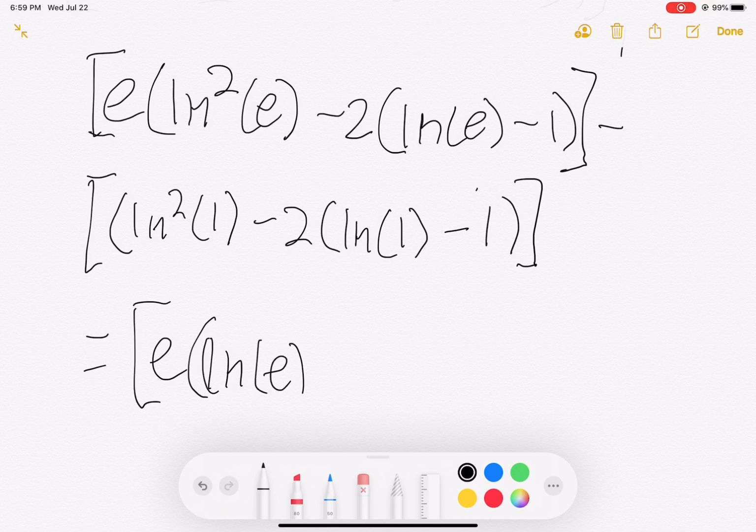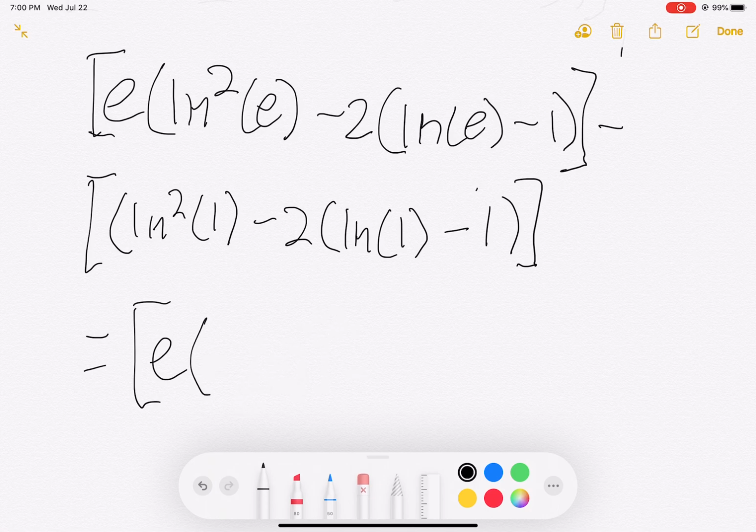I just want to write this out so you guys can understand. So ln of e, base e: e to the x equals e, so we want to find x. Well, then x just equals 1, right? Simple. So this simplifies to 1 squared, which is just 1.